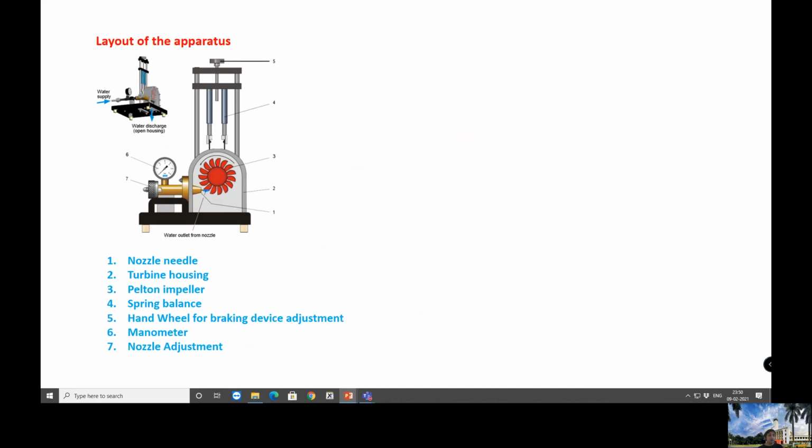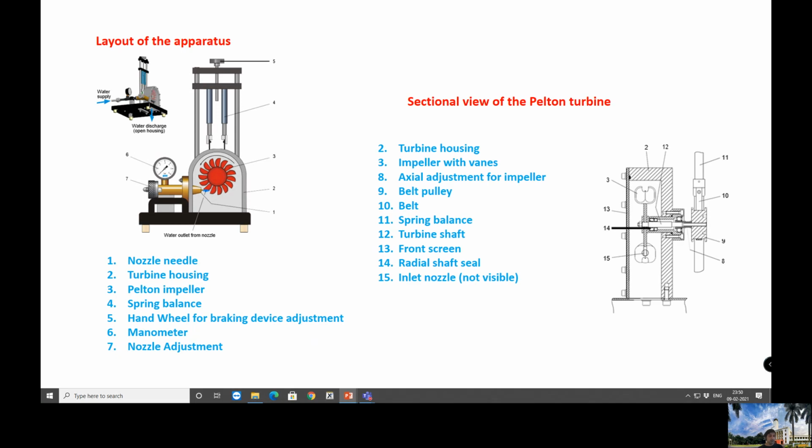So this is the layout of the Pelton wheel turbine apparatus. You see, there are several components. Some of the most important: the water comes in from here, it rotates the turbine, and this is the braking system.